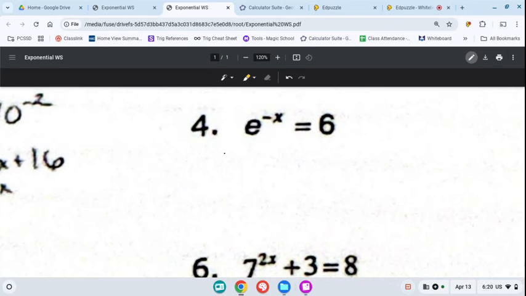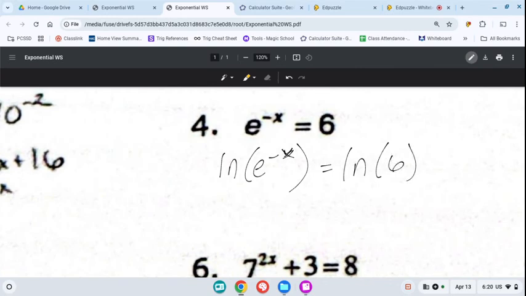So now what I have to do is take the natural log of both sides in order to solve for that variable of x. Well, now I have something called the power rule, and the power rule tells me that when I set up my logarithm, if I have an exponent within the parentheses, I need to rewrite that equation into a new formula.